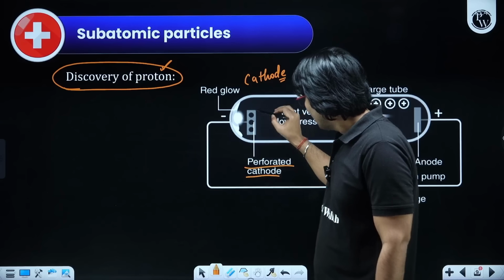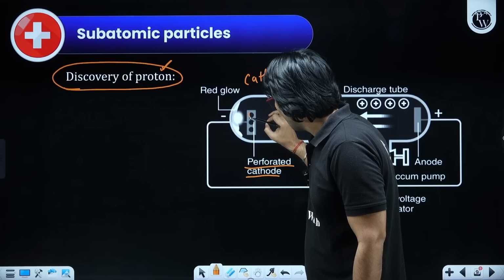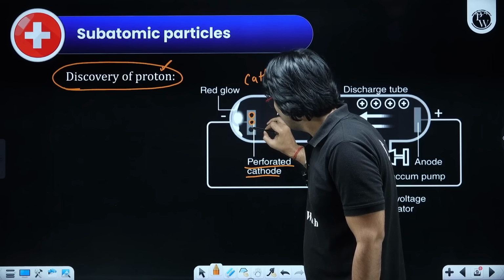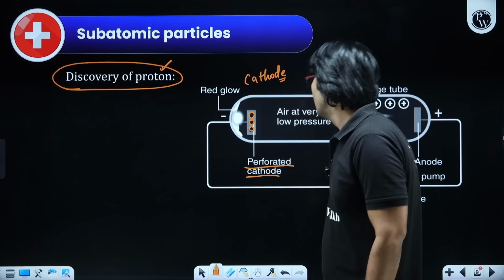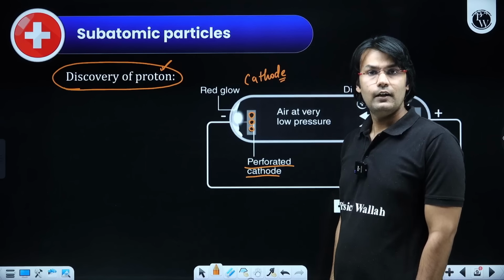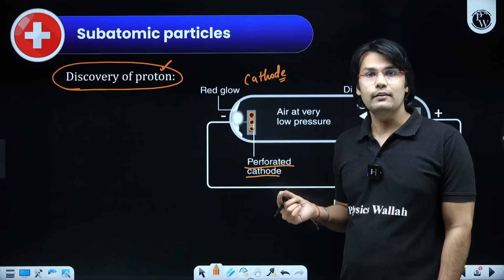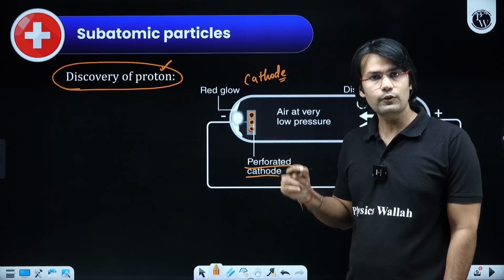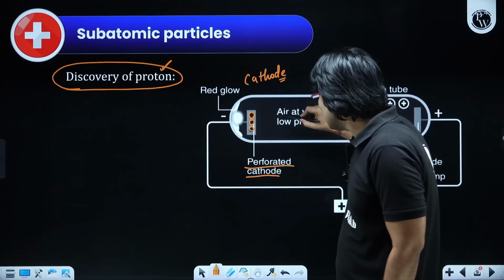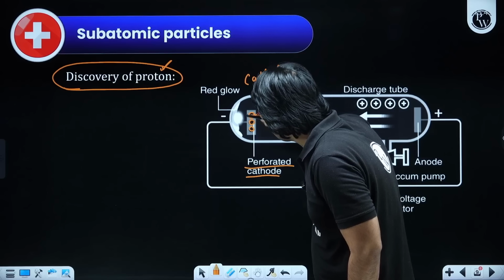Perforated means in the cathode we had some small holes, right? And why did we create holes here? So that the protons or the nucleus can easily pass through that cathode.